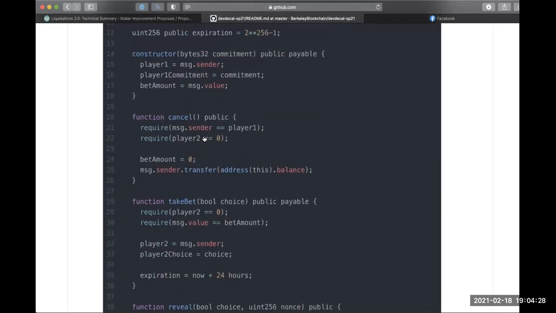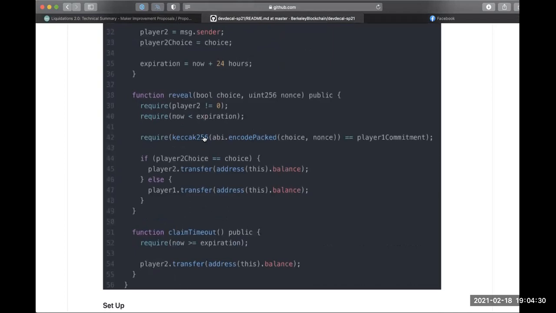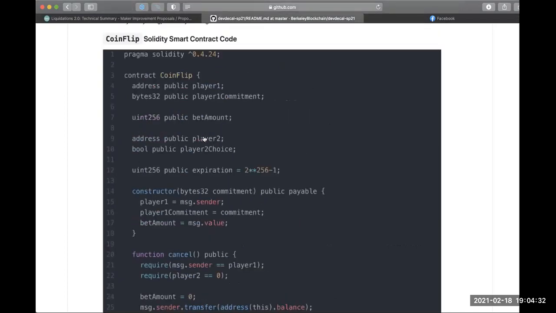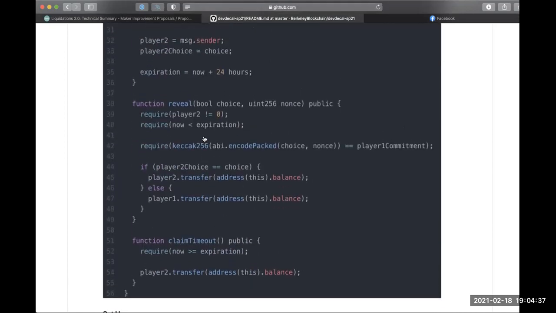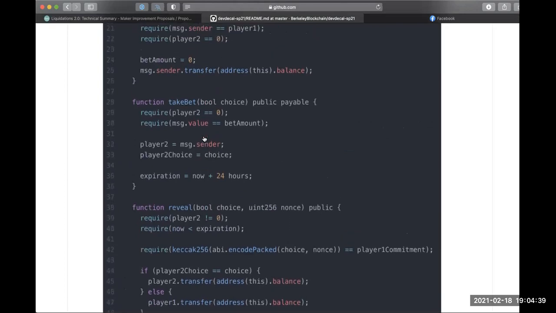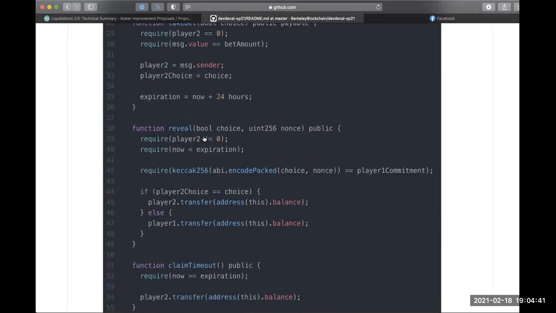I think this dot balance is the balance of the contract. That's what my understanding was. Where's this dot balance? Oh, in reveal.